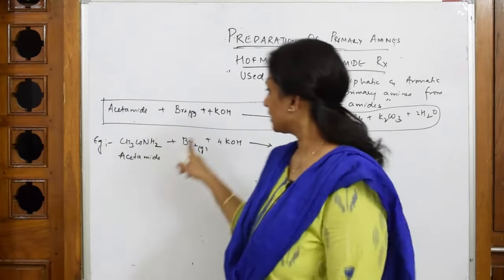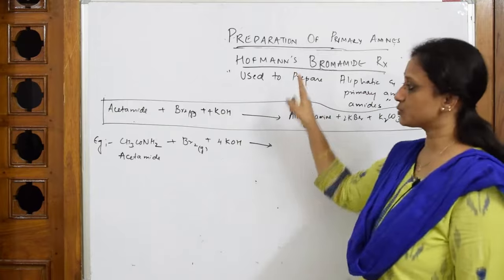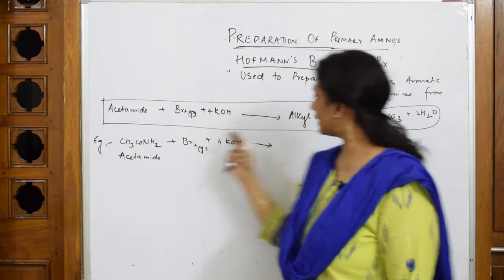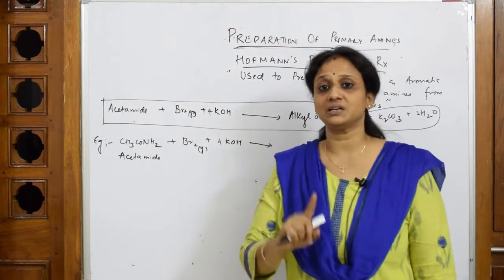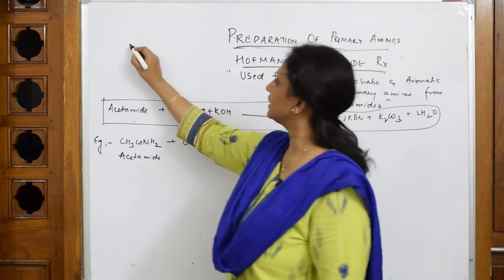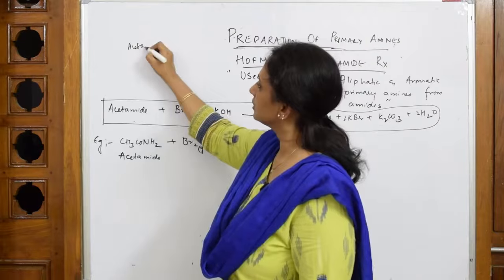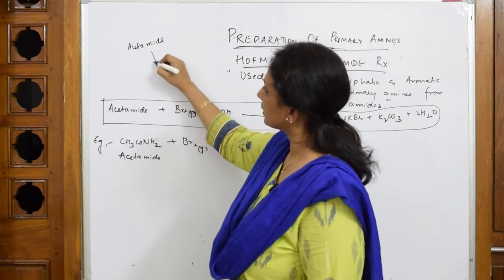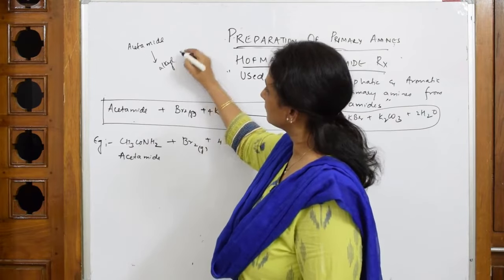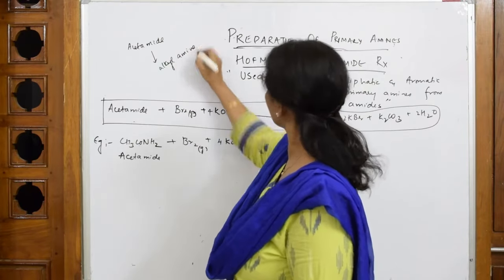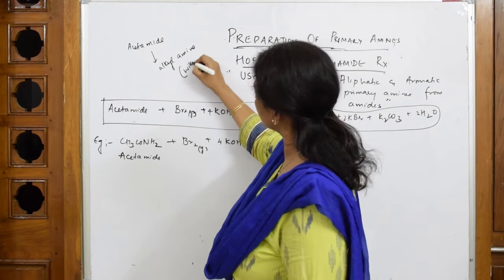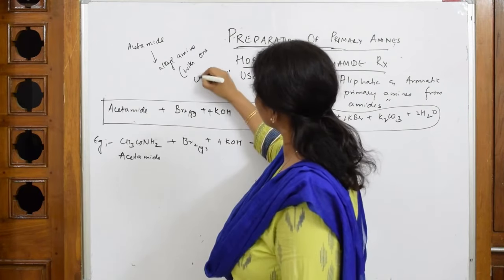Remember why? In Hofmann's bromamide reaction, you get an alkyl amine with 1 carbon less. That is the main concept. Acetamide to alkyl amine with 1 carbon less. This is very important.